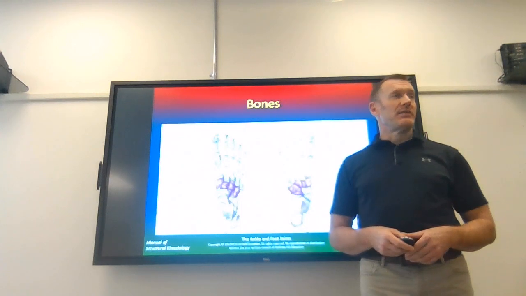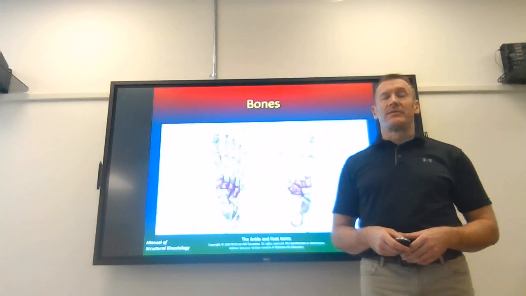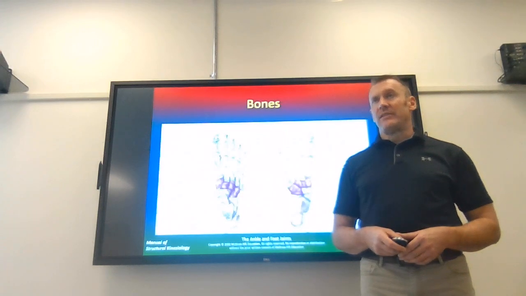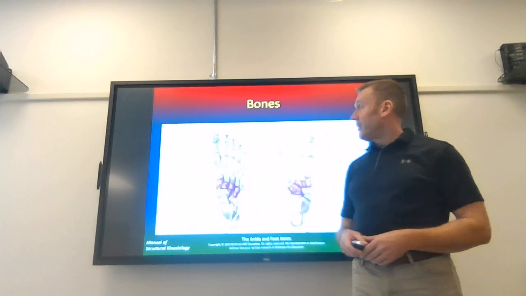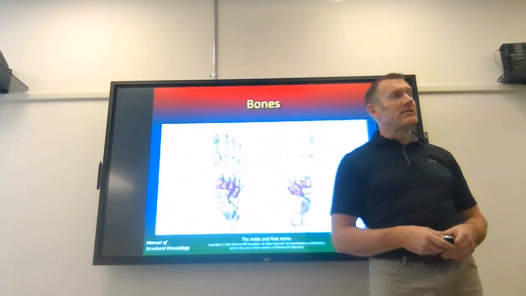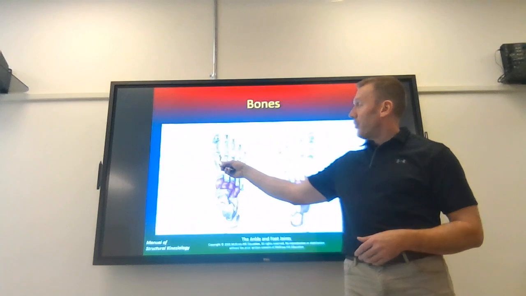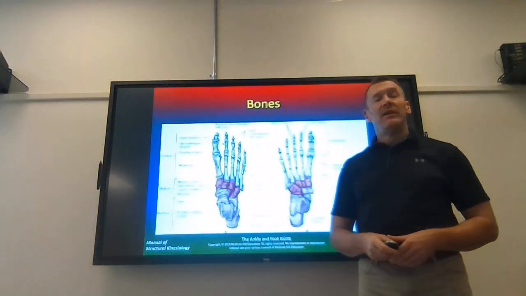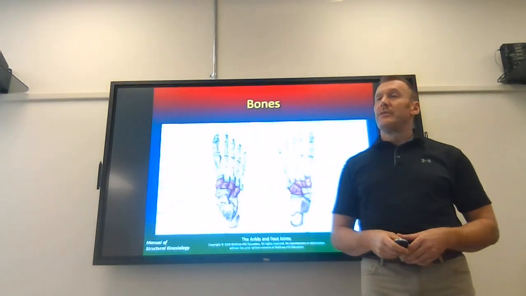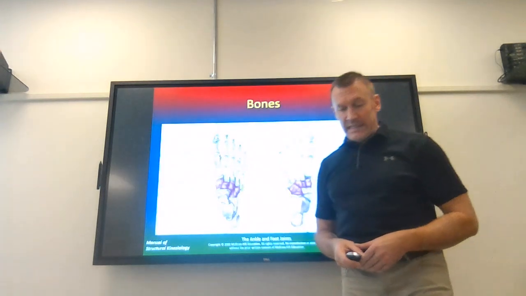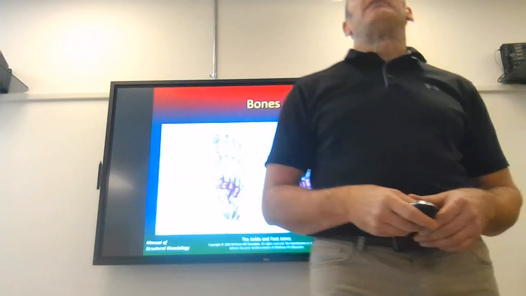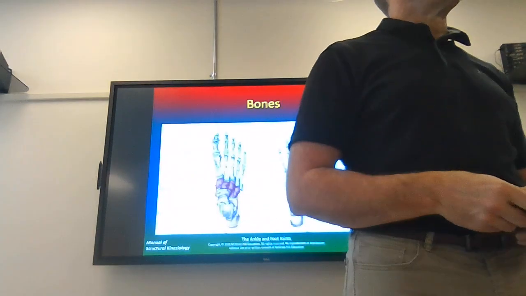So 7 tarsals and then 5 metatarsals. So kind of like the metacarpals we had with the hand. So the great toe is number 1. So on the medial side, number 1, and then followed by the 4 lesser toes with 2, 3, 4, and 5. We see similar nomenclature for the muscles of the foot.